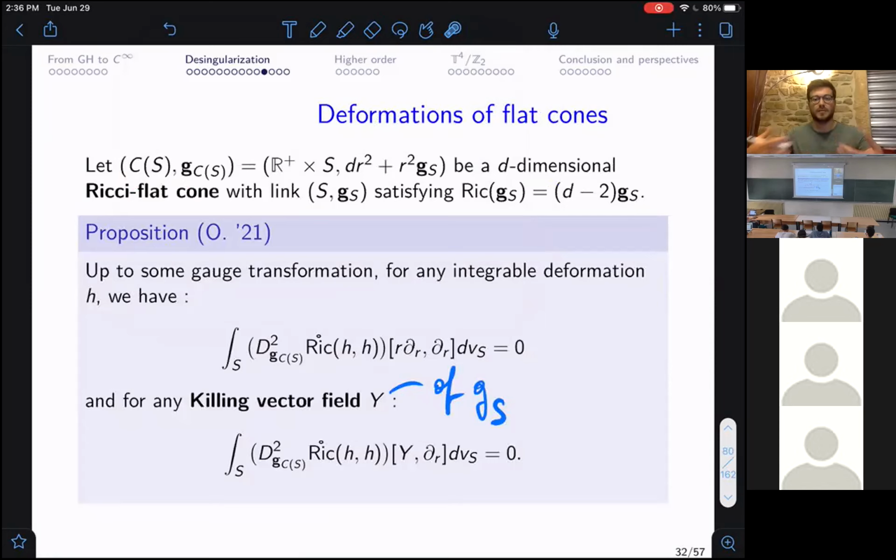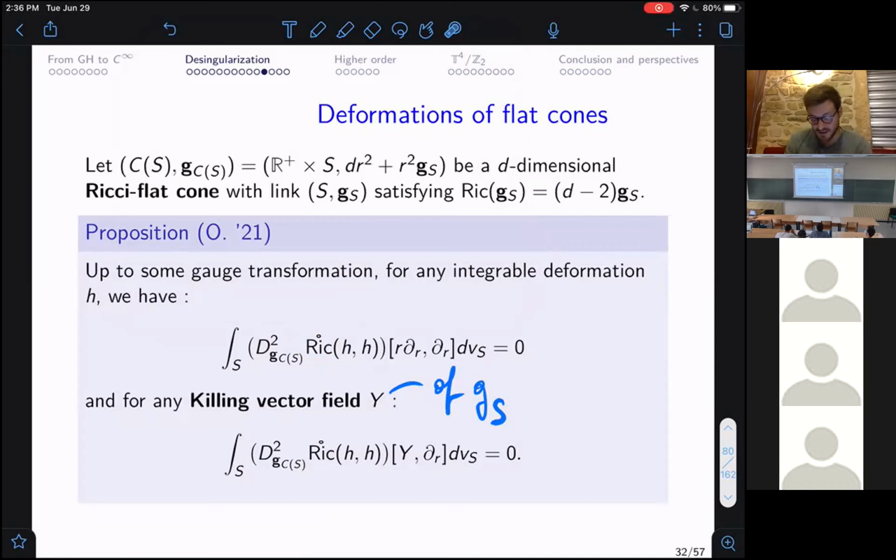but if you want to allow Einstein deformations and not only Ricci flat deformations, then you need some assumptions, and then you can use the traceless part of the Ricci curvature instead of the Einstein tensor. So we have obstructions to integrability of deformations of Ricci flat cones.